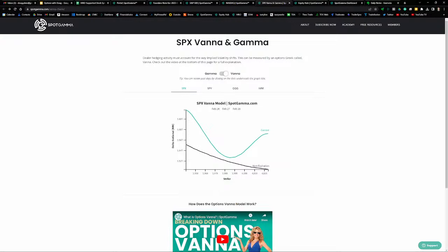And this is showing how market makers' delta exposure changes with changes in price and with changes in implied volatility. That's shown by the green line. That's the current expiration, and that's the Vanna effect, the change in delta with a change in implied volatility.